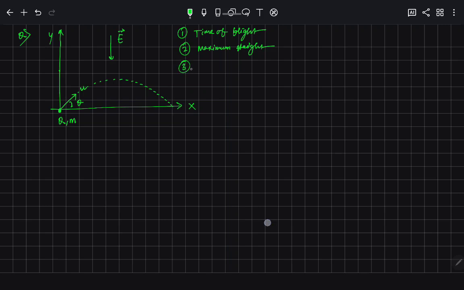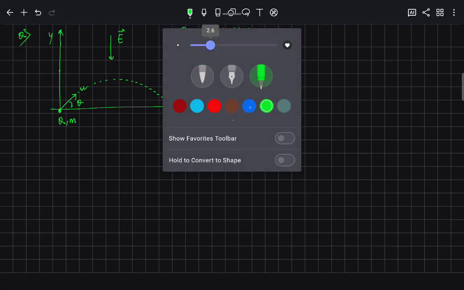You just find out the time of flight, the maximum height, and the range. This is the same thing, only one thing is going to change, the acceleration along minus j. So you can try this one.